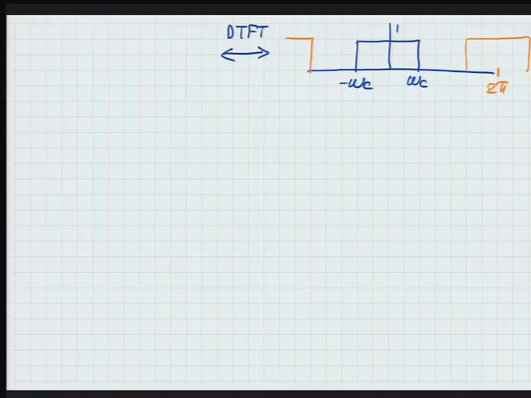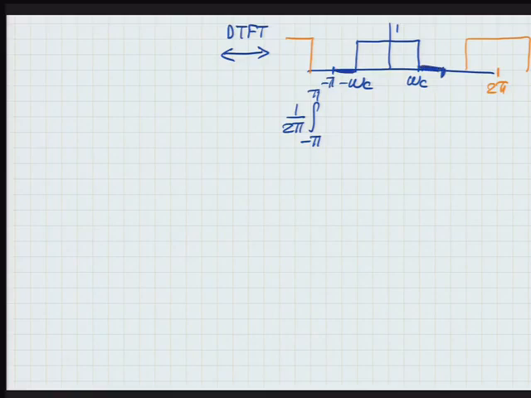So what I can do is the usual thing. I can apply the synthesis equation to that, 1 over 2 pi, and integrate over a period of 2 pi, for example from negative pi to pi. But that will be 0 from negative pi to negative omega c, and again 0 from omega c to pi.